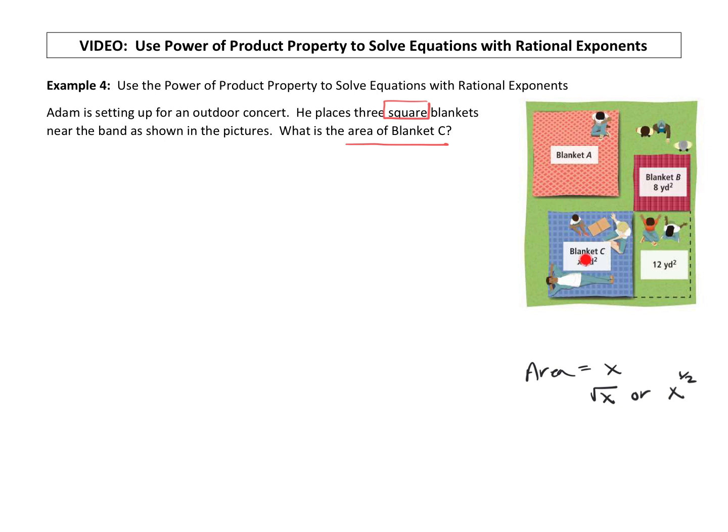If the area was 81, then it would be a 9 by 9 blanket. So if the area is X, then it's a square root of X by square root of X, or X to the 1/2 by X to the 1/2. So I'm just going to go ahead and label this X to the 1/2 power, each side length of blanket C.